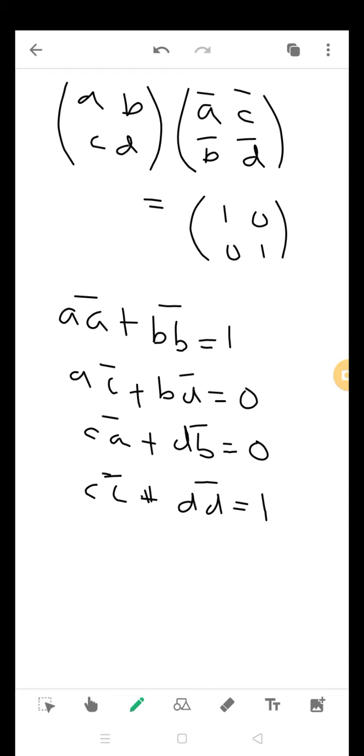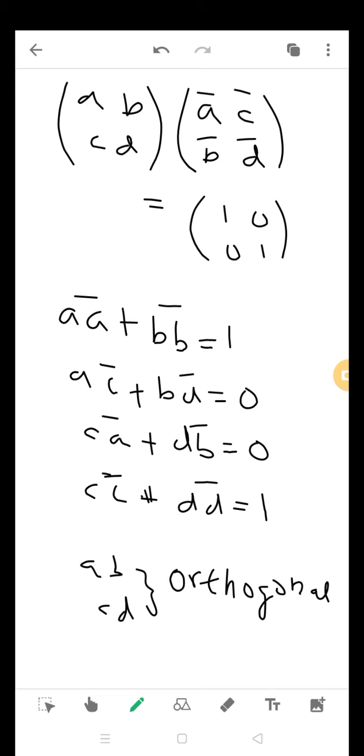So what do these equations mean? It means that the vector AB and the vector represented by CD are orthogonal to each other. This orthogonality is represented by these two equations, and they are also unit vectors, because their modulus value is 1.